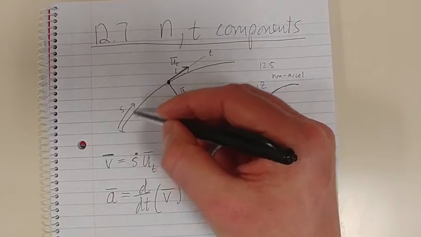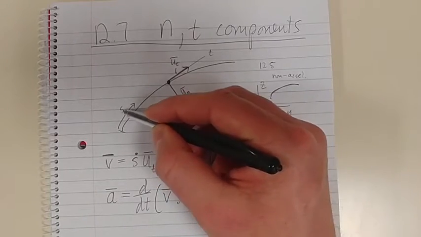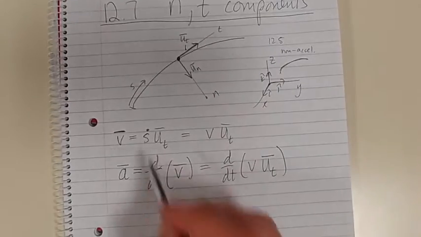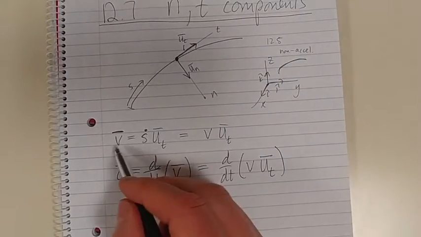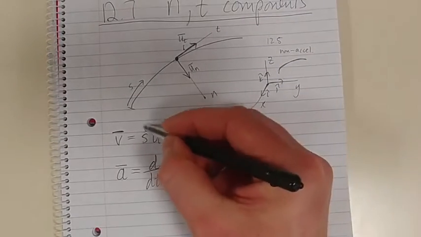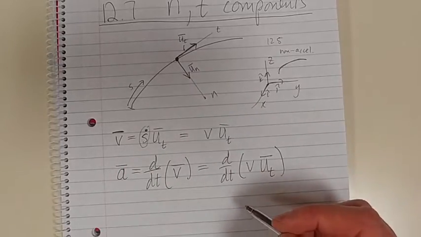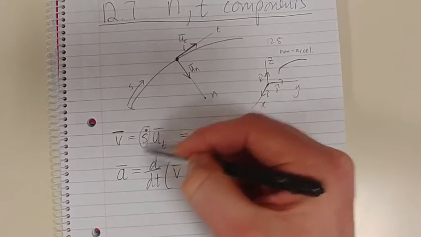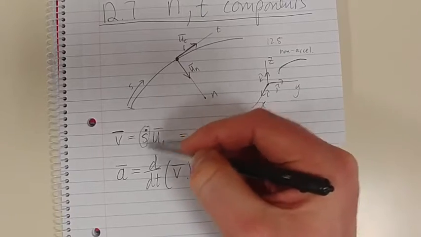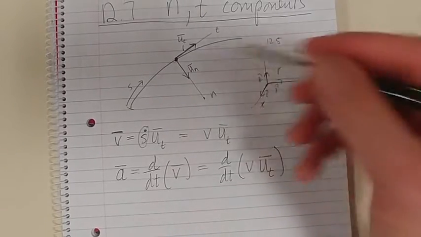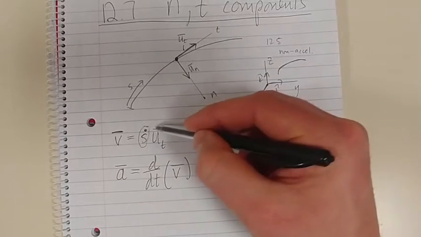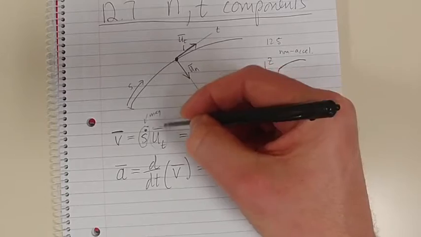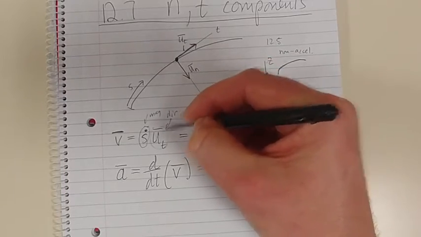So this particle is moving like that along a path s, and at that point, let's look at what the velocity is. The velocity is going to be s dot, which is the change in position with respect to time, in which direction? Of course, it's in the tangential direction, okay? So there's the magnitude, and there is the direction.